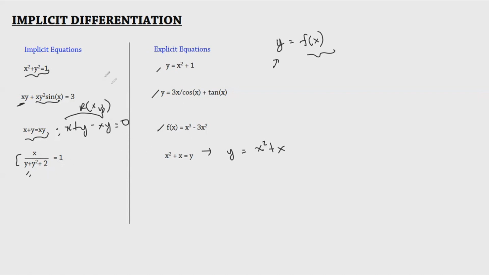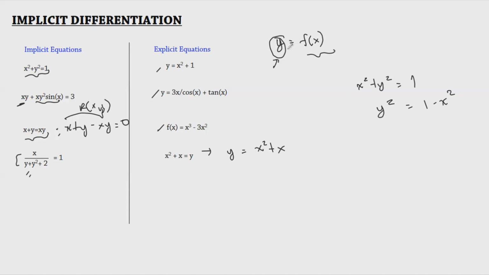Now, sometimes implicit equations can be made explicit. For example, x squared plus y squared is equal to 1. If we wanted to make an explicit equation from this, we have to isolate y. So y squared is equal to 1 minus x squared.